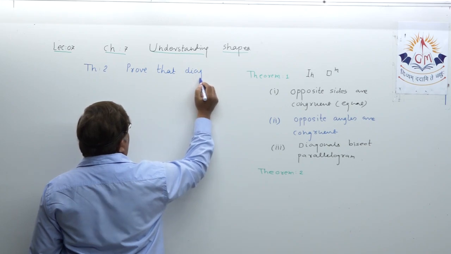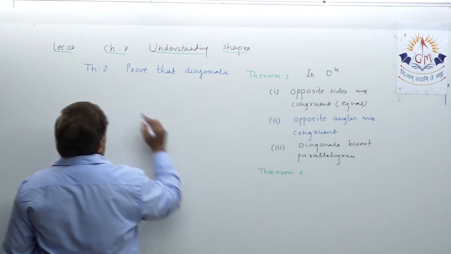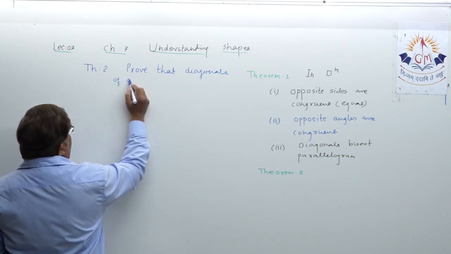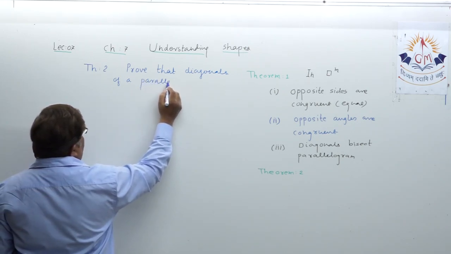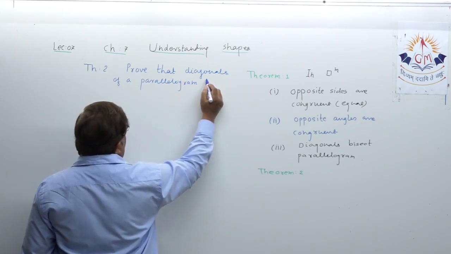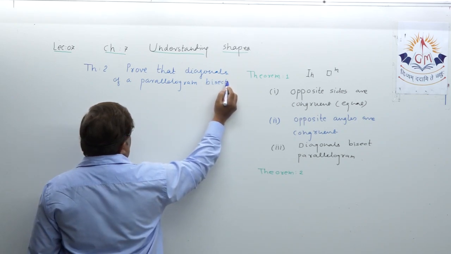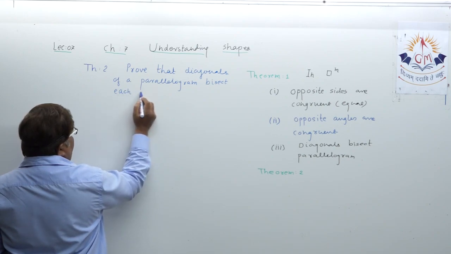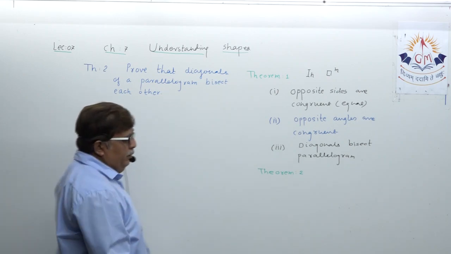Just note down with me, dear student, prove that diagonals of a parallelogram bisect each other. This is what we are going to prove. Diagonals of a parallelogram bisect each other.